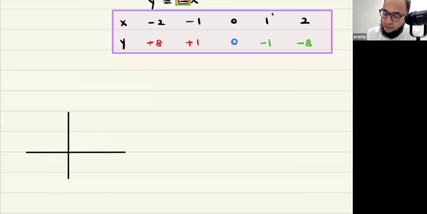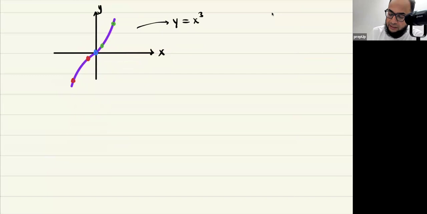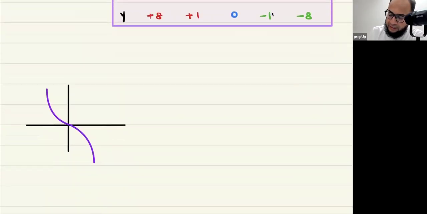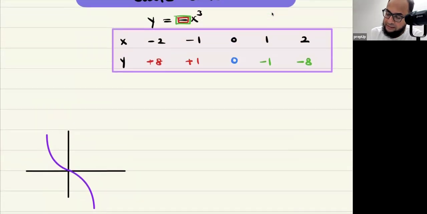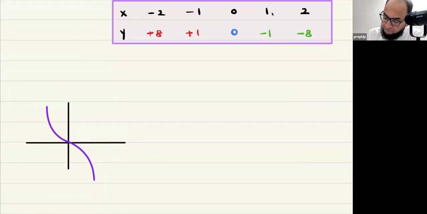Now the shape of the graph, I'll draw the shape first because that is what we are focusing on. The shape is like this and like this. This is more prominent. I can do the same thing for the other one also. So this is -2, -1, and +1.